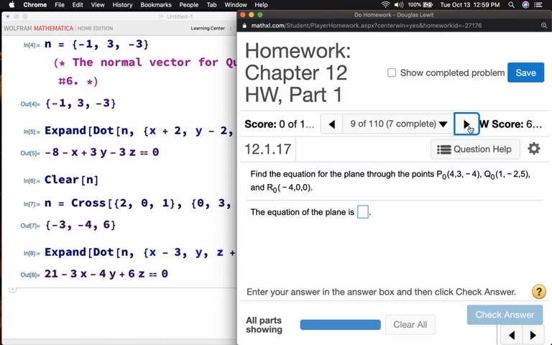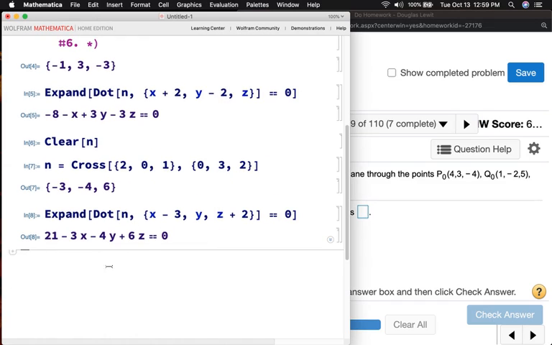Number 9. Find the equation for the plane through the points. Okay, here we have 3 points. So I'm going to define a matrix. I have x minus 4, y minus 3, z minus a negative 4, which is z plus 4.